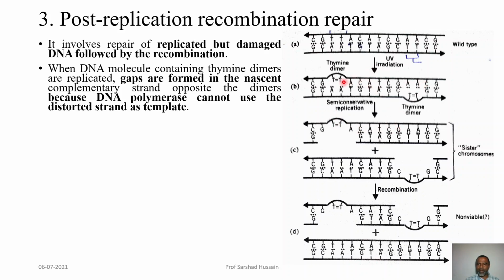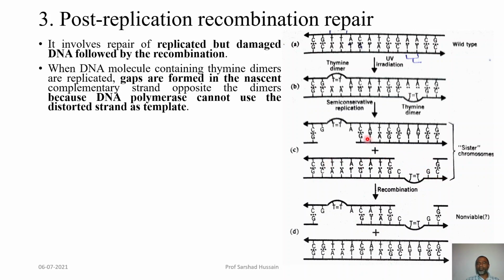Say for example, it was having a dimer over there, then opposite to this the new strand will have the gap. So, again this strand was having a dimer over there. So, once this strand replicates, the opposite strand will have the gap over there.